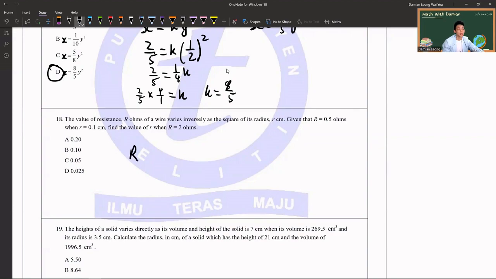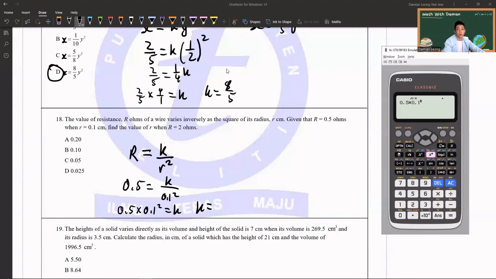So resistance varies inversely means k over the square of its radius. So I sub in 0.5 ohms is k over 0.1 squared. 0.5 times 0.1 squared is k. k would be 0.5 times 0.1 squared, which is either 1 over 200 or 0.05.